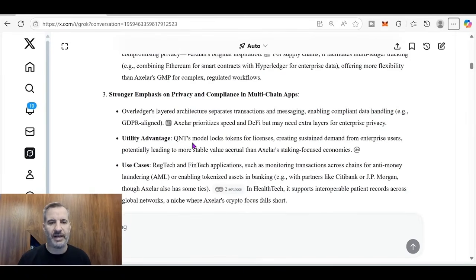So the utility advantage. QNT's model locks tokens for licenses, creating sustained demand from enterprise users, potentially leading to more stable value accrual than Axelar's staking-focused economies. So there is definitely utility for the token. But with Quant, the enterprises and governments and anybody building applications have to buy licenses.